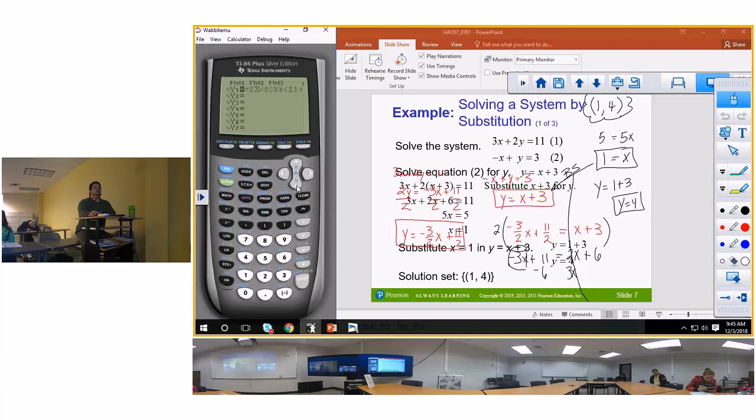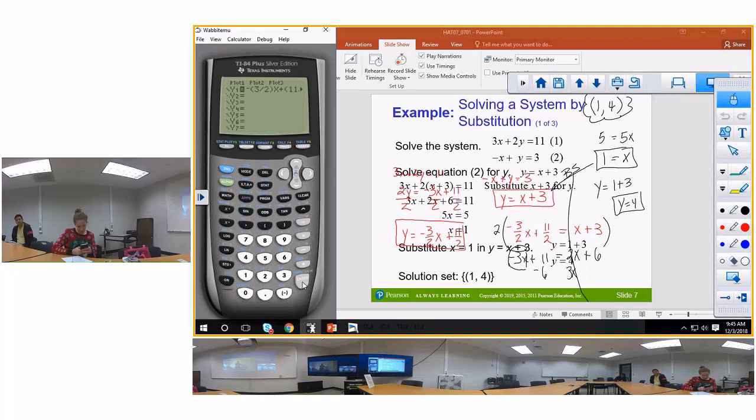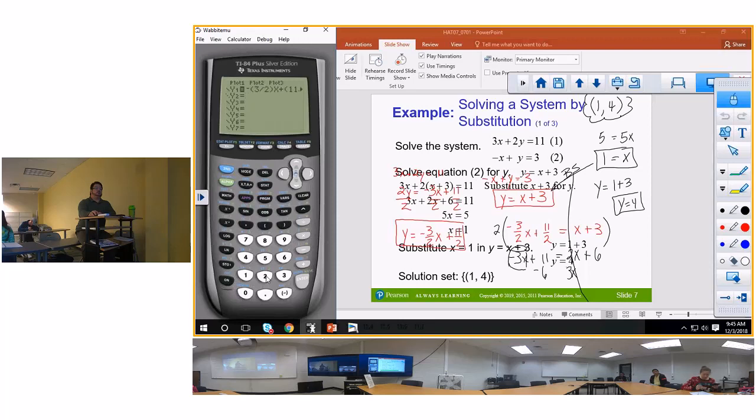And I'm going to go down to the next one, and I'm going to change it to a dotted line. And I'm going to call this one x plus 3. And graph.